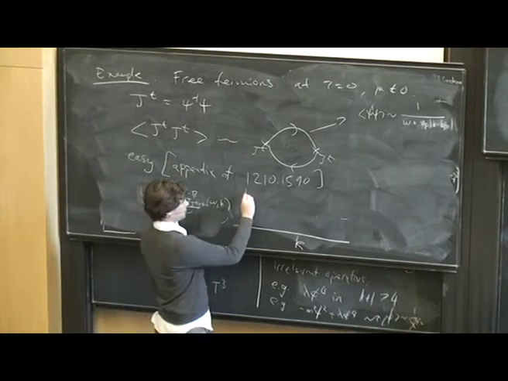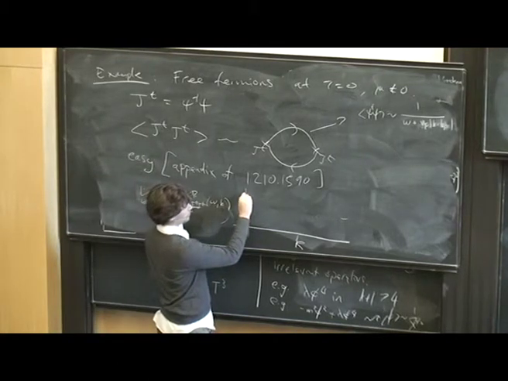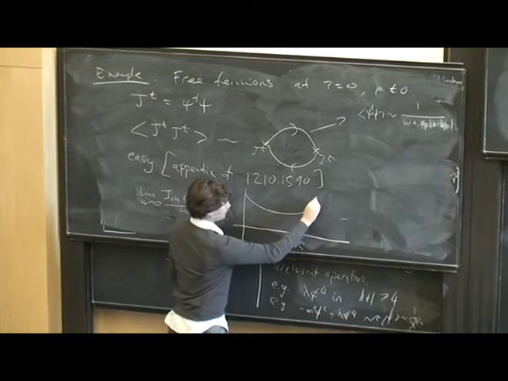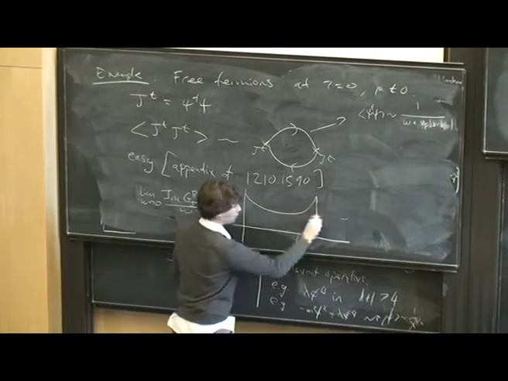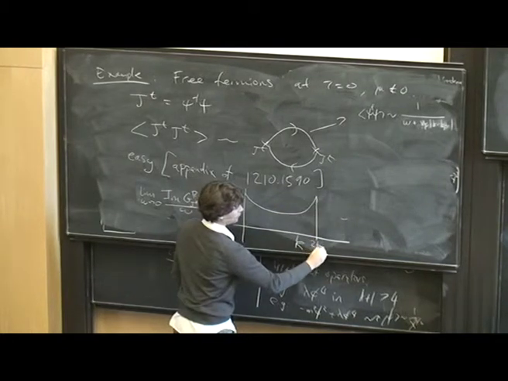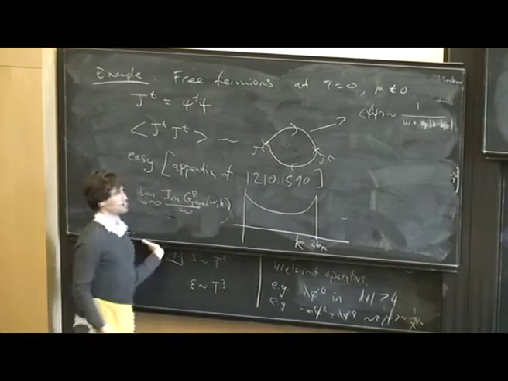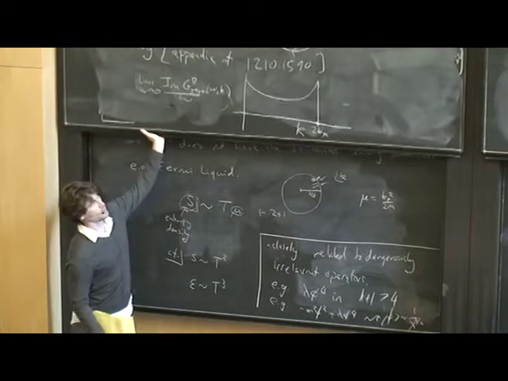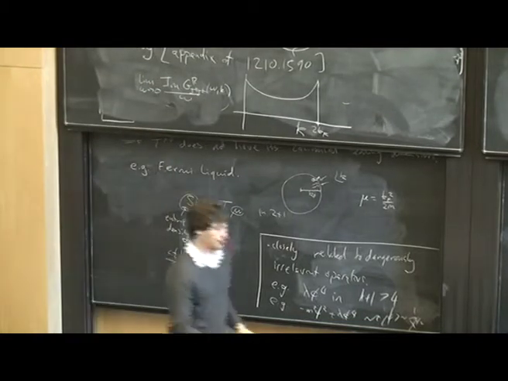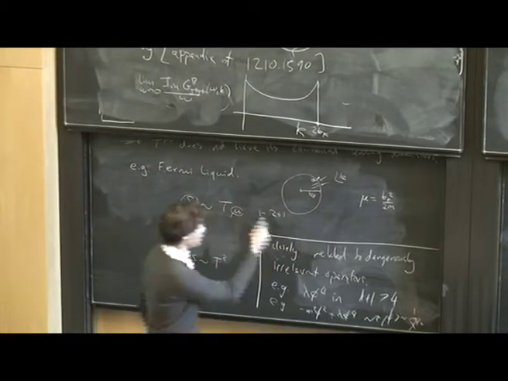And so what you get, if you do it in 2+1 dimensions, is a plot that looks like this. It drops to 0 at the point 2kF. This is very easy to understand.